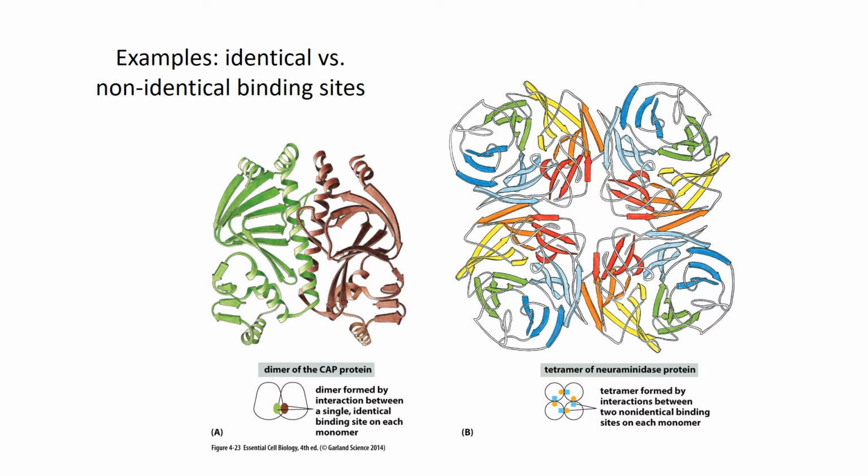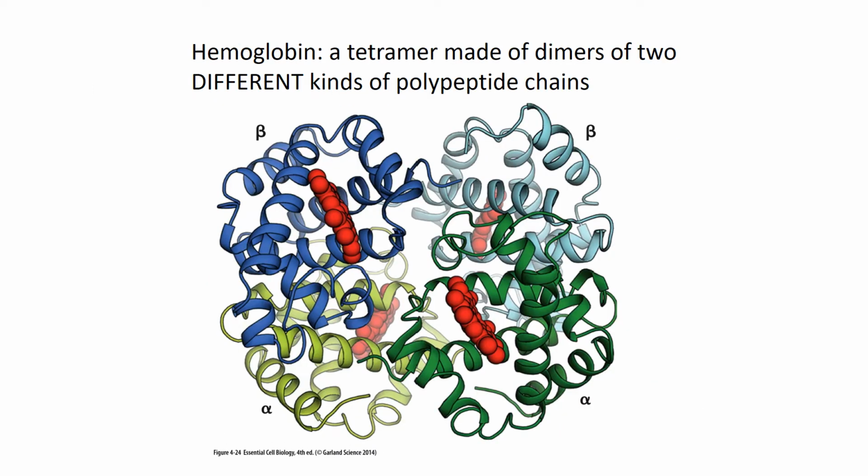And so in the schematic at the bottom of the page, you see that they each have one binding site illustrated in blue and another one illustrated in orange, and the blue and the orange binding sites interact with one another.